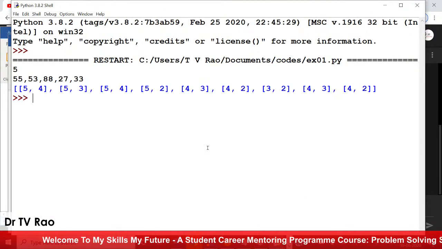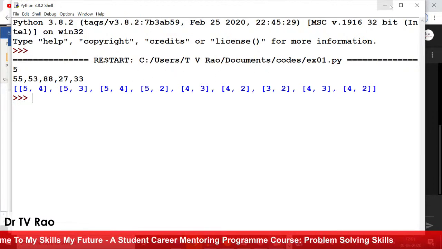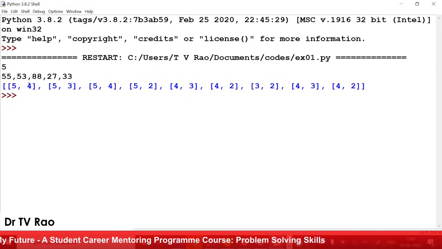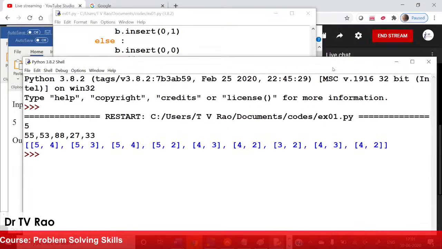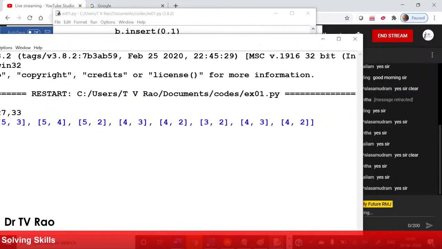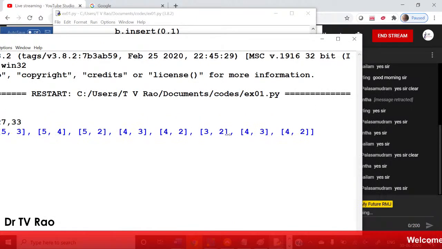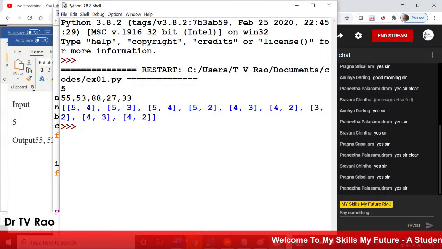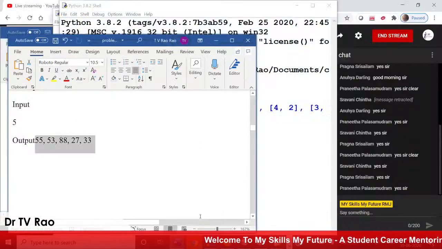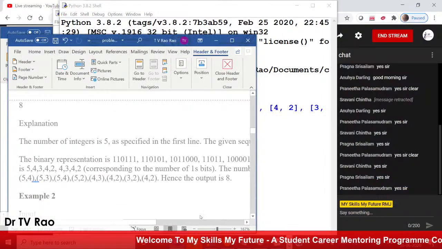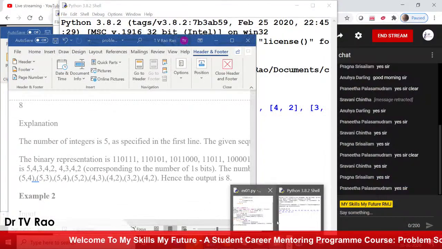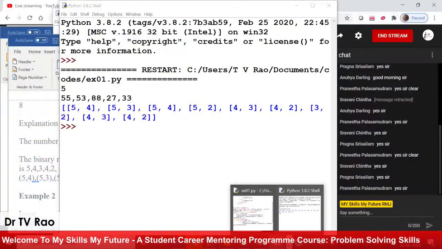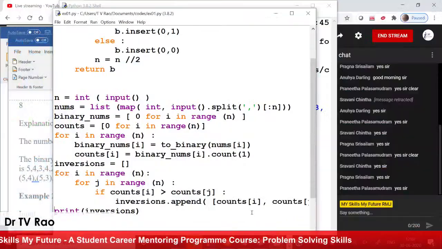Okay, so 5 4, 5 3, 5 4, 5 2. How many are there? 1 2 3 4 5 6 7 8 9. I think 8 are required. How come we got 9? What is the answer? Answer is 8. But how many we got? We got 9.